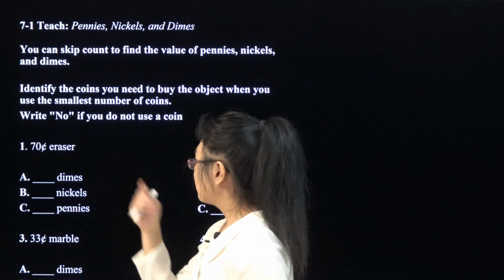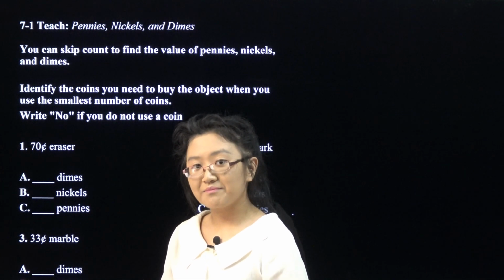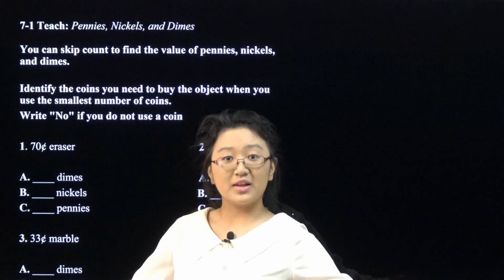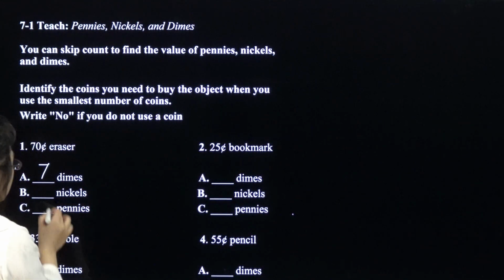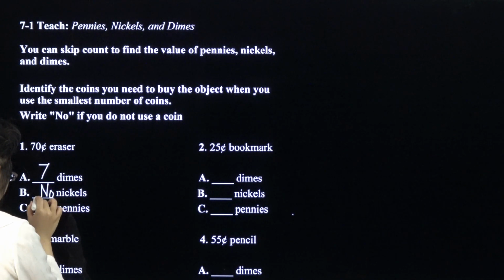That's just right. We could have 70 cents completely in dimes, and that would take 7 dimes. So we don't need to use any nickels or pennies. We're just going to write no.